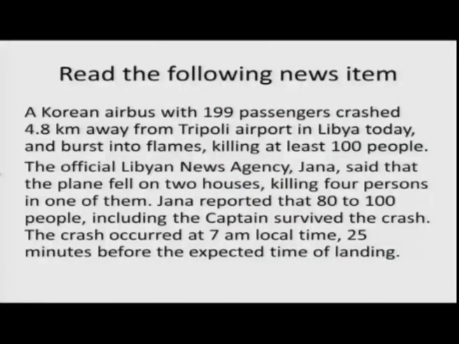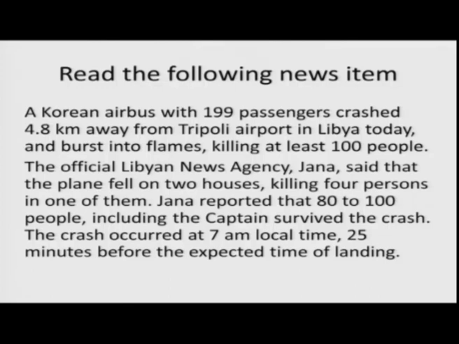So, let us go. A Korean Airbus with 199 passengers crashed 4.8 kilometers away from Tripoli airport in Libya today and burst into flames, killing at least 100 people. The official Libyan news agency Jana said that the plane fell on two houses, killing 4 persons in one of them.